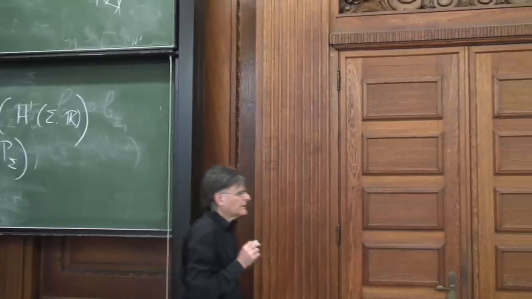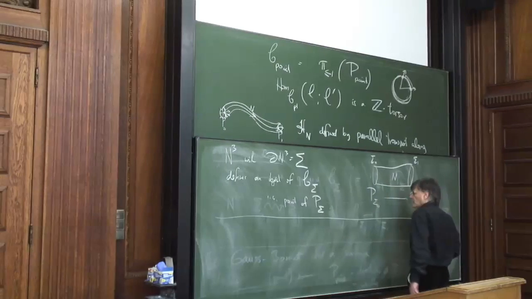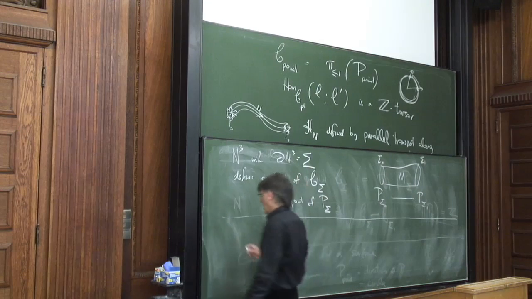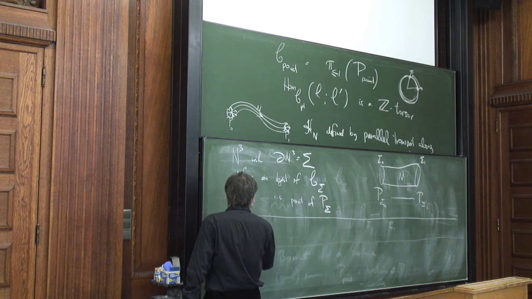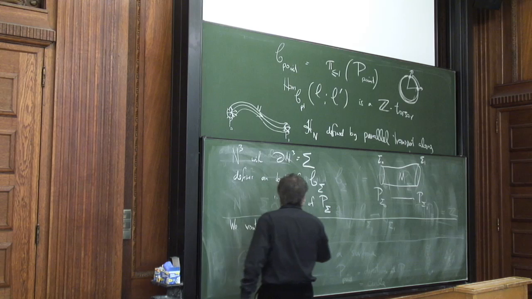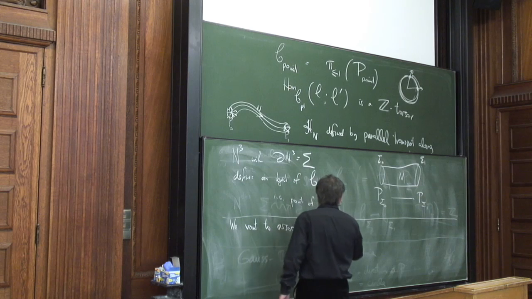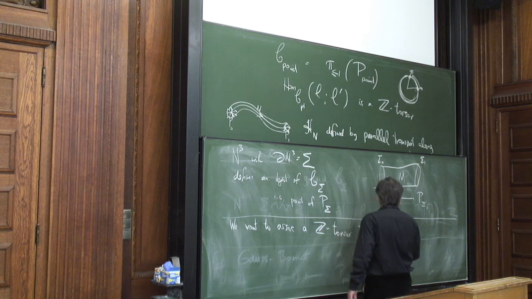But the point is that that isn't the optimal way to look at the situation. It's really better to associate a Z torsor to a closed three-manifold.